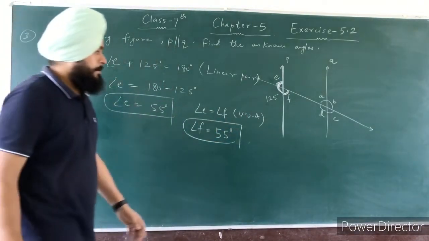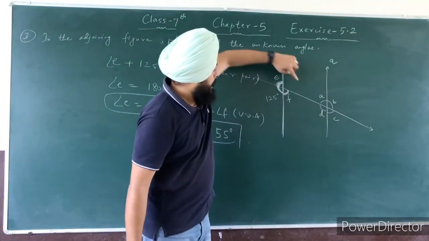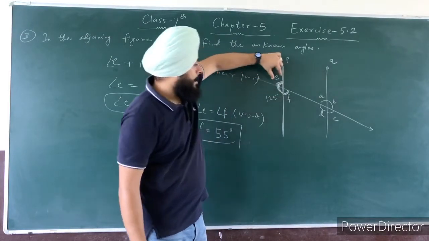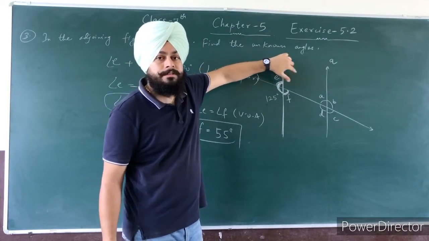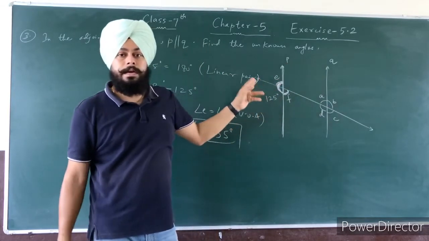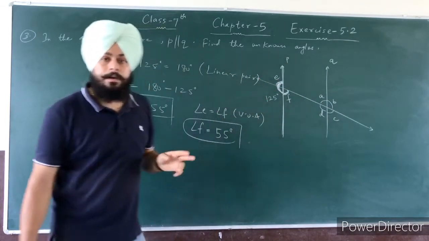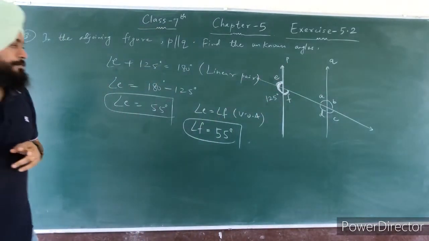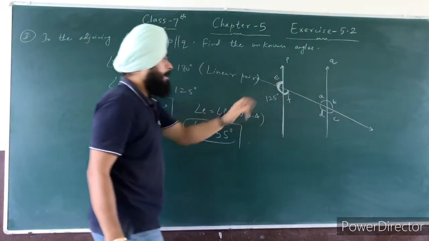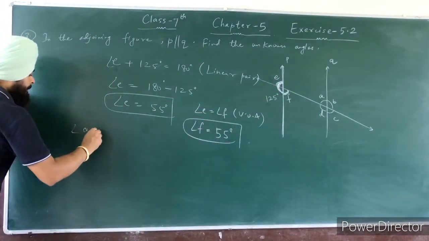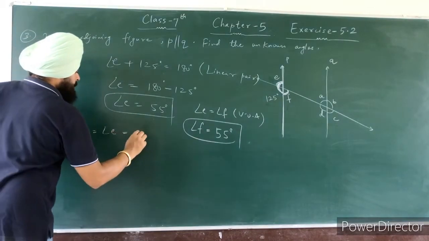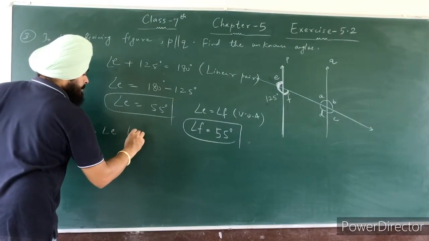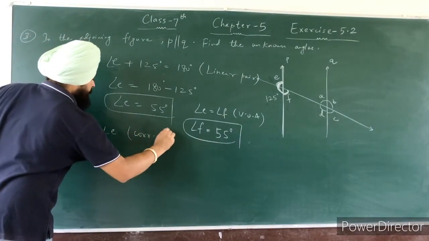Alright. Now next, this angle A is equal to angle E, because they are corresponding angles, and corresponding angles are equal. You can write that angle A is equal to angle E, reason is corresponding angles.